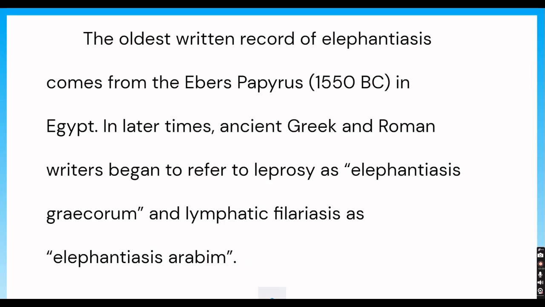The oldest written record of elephantiasis comes from the Ebers Papyrus in 1500 BC in Egypt. In later times, Greek and Roman writers began to refer to leprosy as elephantiasis graecum and lymphatic filariasis as elephantiasis arabum.